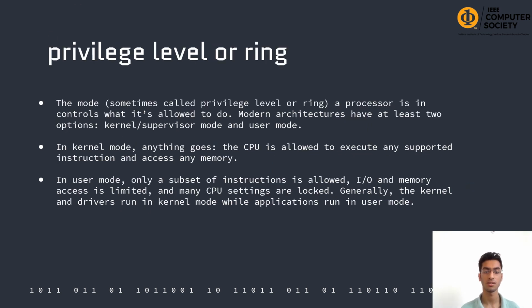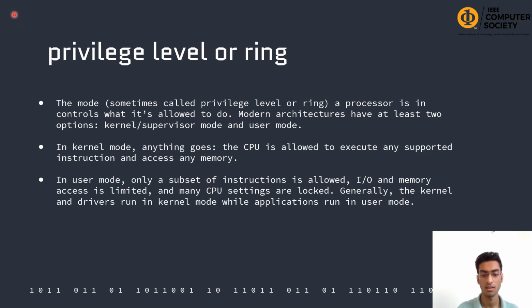The privilege level, or the ring, gives the processor control over what it is allowed to do and what it is not allowed to do. In modern architectures, we have at least two options. One is the kernel or supervisor mode, and the other is the user mode.